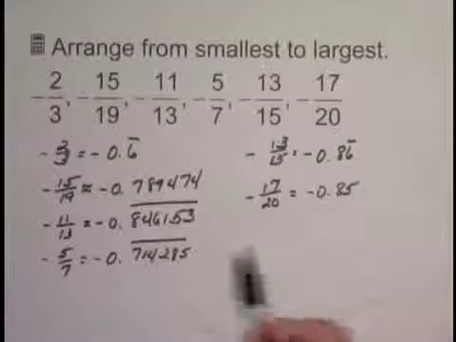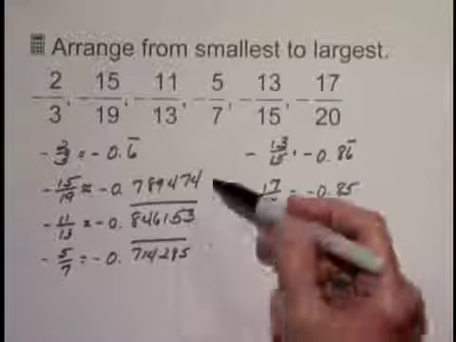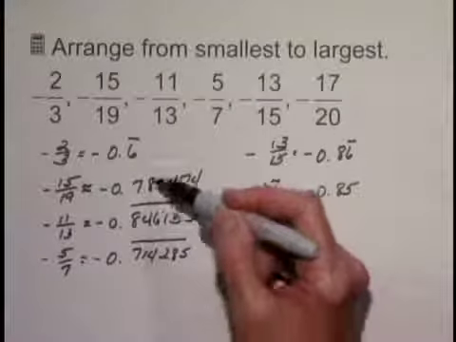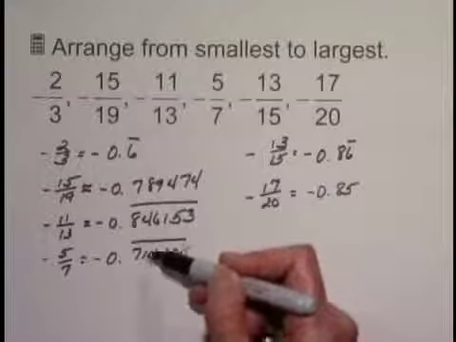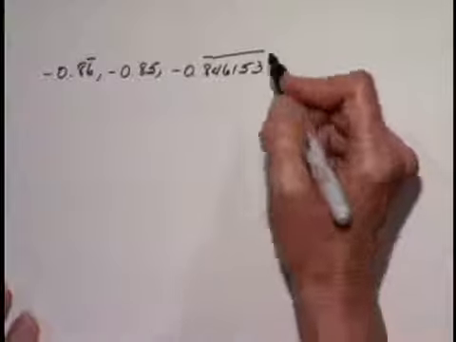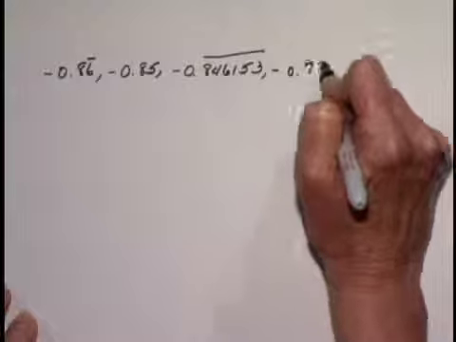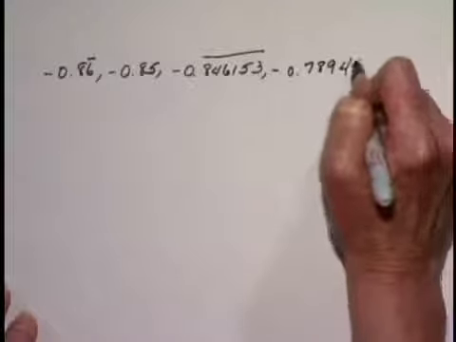Now let's look again. Let's look at the ones that begin with a 7 after the decimal point. I have 2 of those. And this one has an 8 in the hundredths place. This one has a 1. So the one with the 8 is the smaller of the 2 numbers. So that comes next in order. Negative 0.789474.